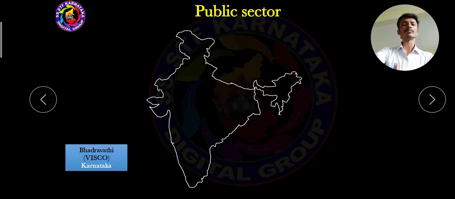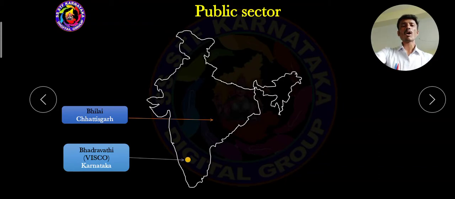First, Bhadravati in Karnataka, that is VISCO, Vishveshwaraya Iron and Steel Company Limited. Then second one, Bhilai in Chhattisgarh, public sector.